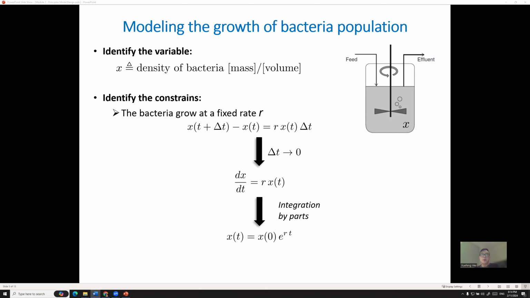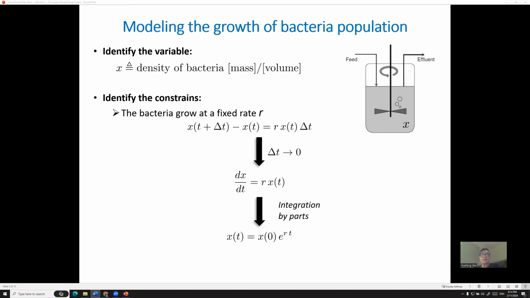So if we limit ourselves to this differential equation as the growth model, the solution x(t) would be an exponential function, and it will be unbounded. It's going to go to infinity, growing exponentially, getting larger and larger and faster. This clearly cannot happen, because I cannot stack more than a certain number of bacteria in a unit volume.